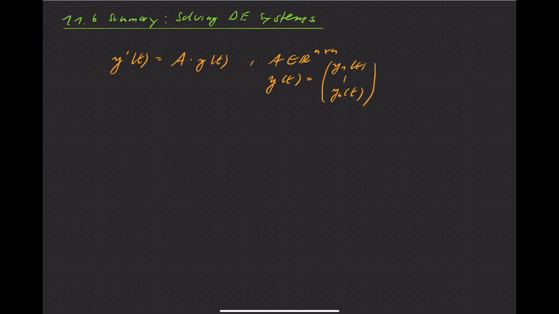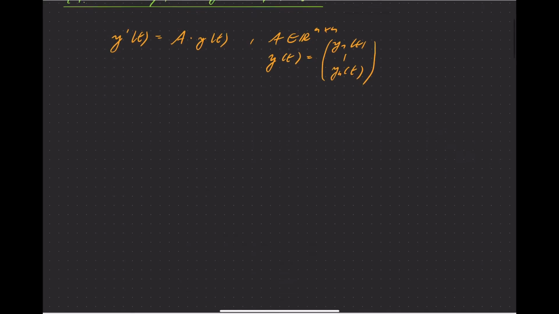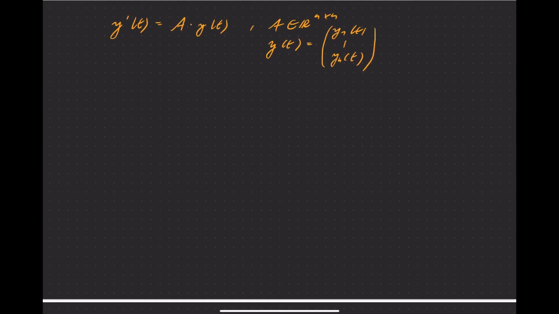So n separate functions here. How do we go about solving this system? First question we need to ask is: is the matrix A diagonalizable? So can we decouple the systems?